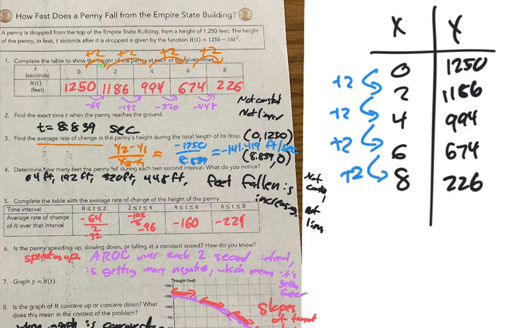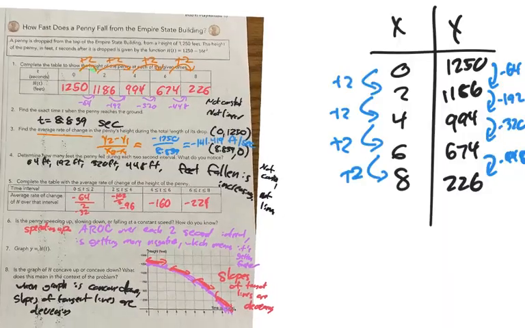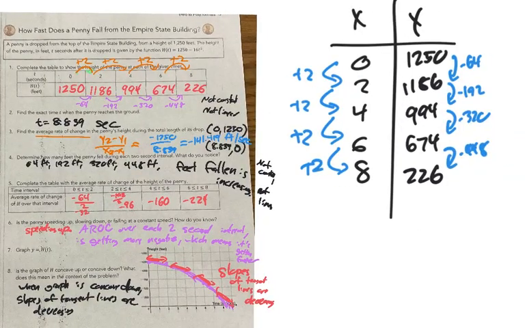All right. And then did that produce constant changes in the output? Down 64, down 192, down 320, and down 448. So no, we did not have a constant rate of change. But do you guys remember we talked about the rate of change of the rate of change? We talked about it with a line.